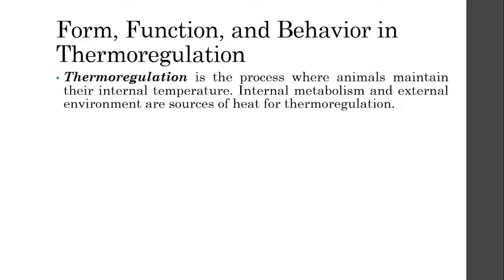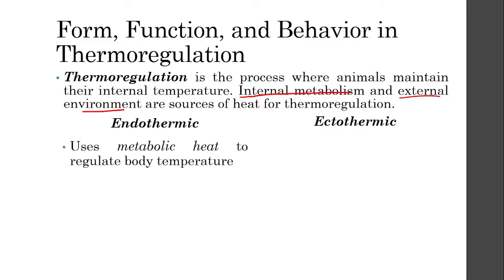So the body can either gain or lose heat. And for a lot of animals, they can gain or lose heat via internal metabolism or by the external environment. So this will lead us to the difference between an endotherm and an ectotherm. Endothermic animals, or endotherms, actually use metabolic heat to regulate the body temperature.